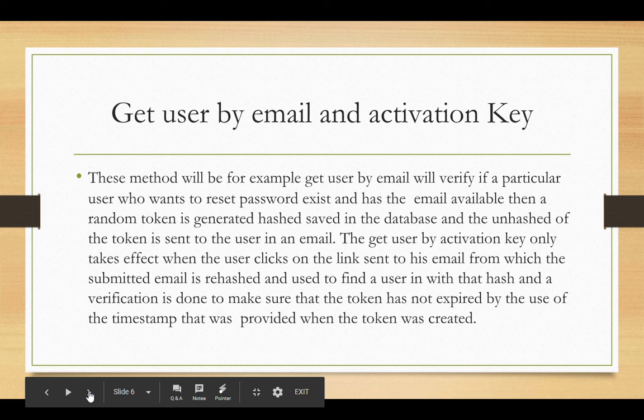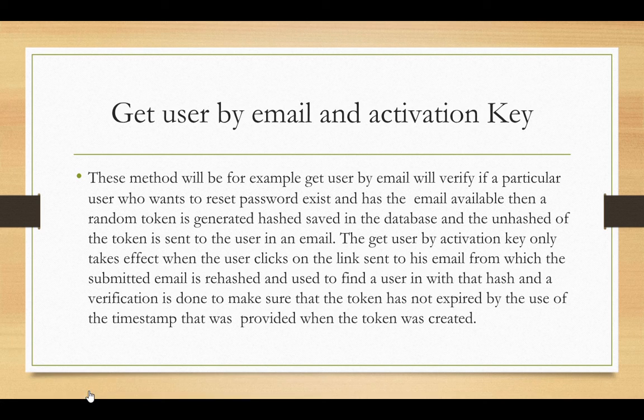Then for the get user by email and activation key methods, these are there for when you request a password reset, either using your username or email. Even though I've not written the username on my presentation, it takes care of both.